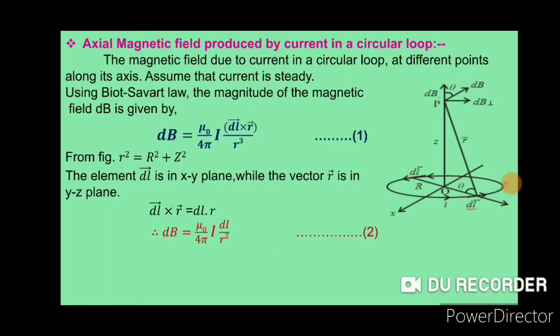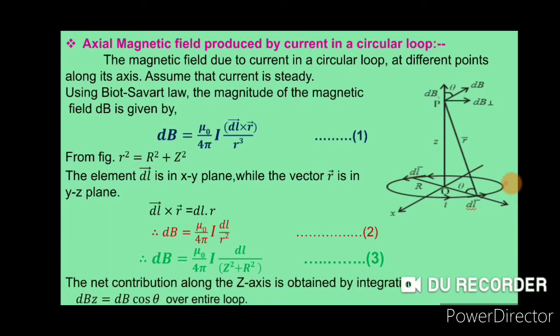Therefore, dB is equal to mu 0 upon 4 pi I dl upon r square. Suppose this is equation number 2. Therefore, dB is equal to mu 0 upon 4 pi I dl upon bracket z square plus R square. Here the value of small r has been put. This is equation number 3.